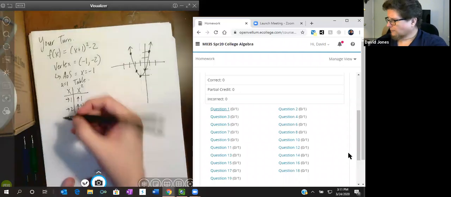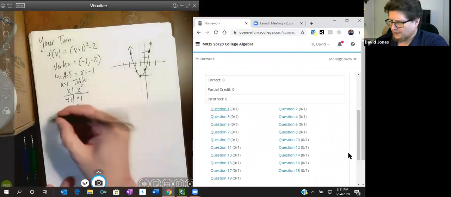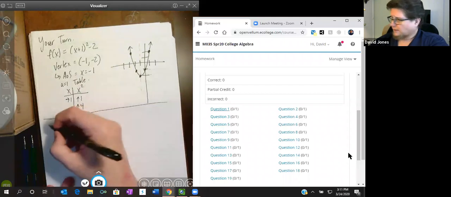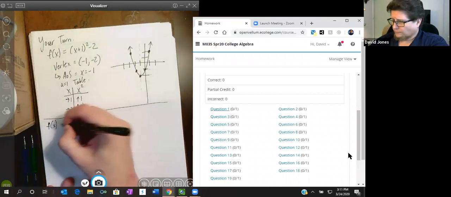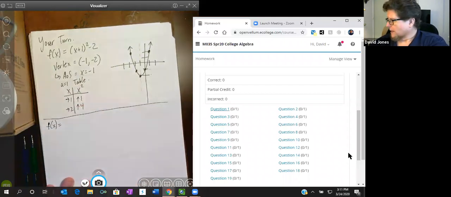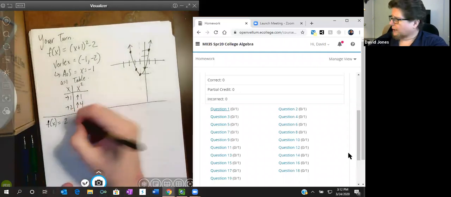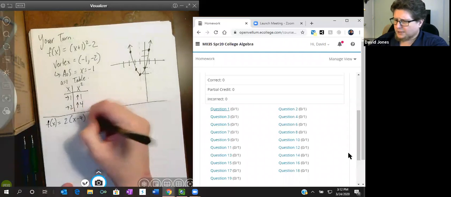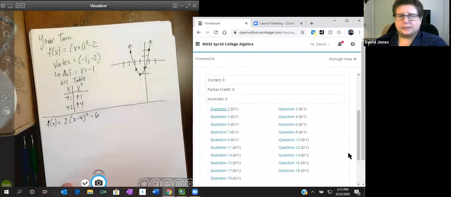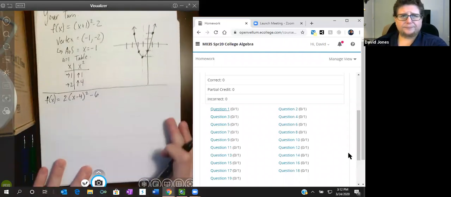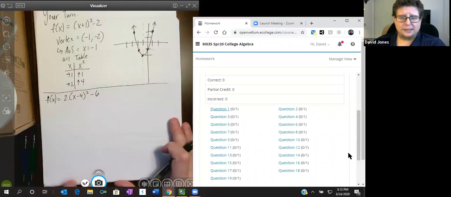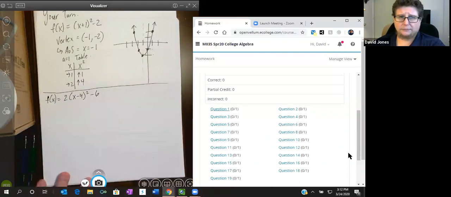Well, let's go with something like this. I'll actually have another graph in my notes. Maybe we'll just do it real quick. 2 times (x minus 4) squared minus 6. I want you to pause it and try to graph that on your own.